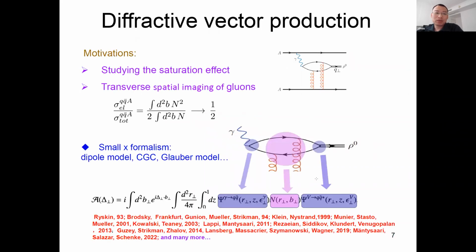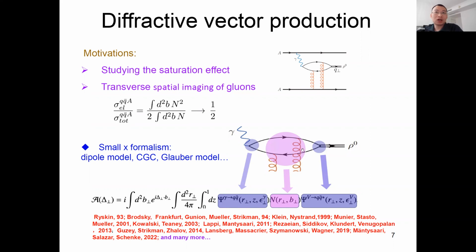The production mechanism is shown schematically in this figure. The coherent photon splits into a quark and antiquark pair long before hitting the incoming nucleus. The quark and antiquark pair subsequently scatters off the CGC and then recombines to form a vector meson. One should notice that the vector meson can be produced only if the coherent photon directly hits the nucleus in the transverse plane, due to the fact that the strong interaction is a short distance interaction.